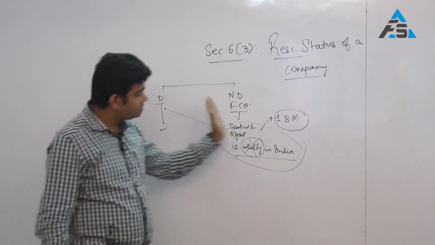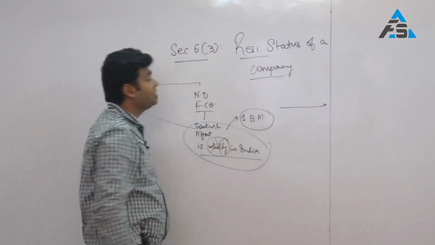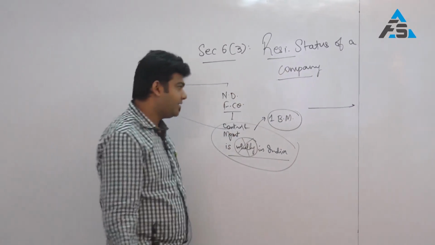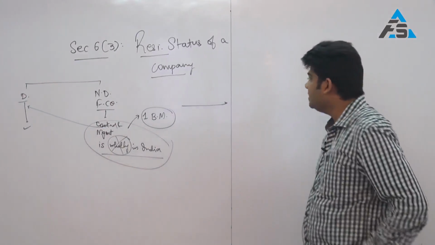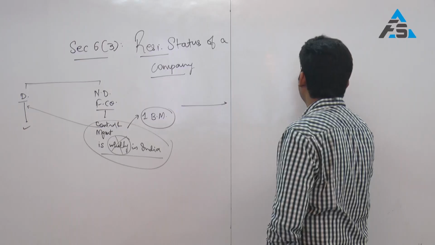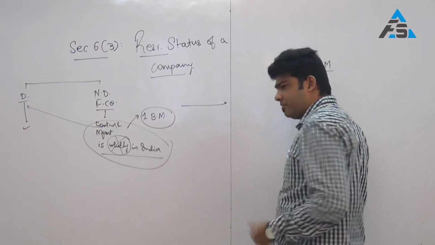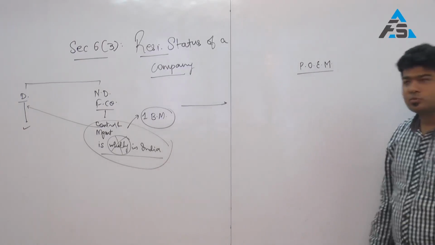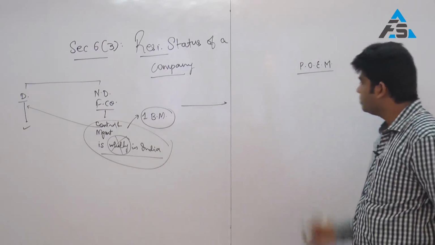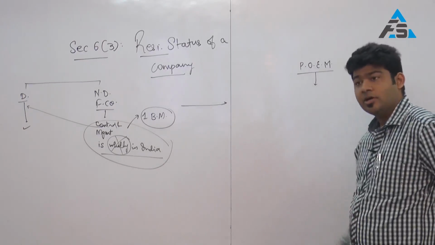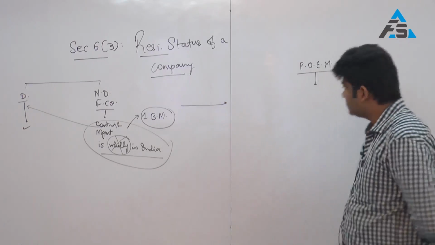So in order to remove this loophole, Finance Act 2015 amended section 6 subsection 3, and the whole determination of residential status of a company is now dependent on POEM, which is called the place of effective management. This is a step towards moving to an international regime, because a lot of OECD countries also accept POEM as a tiebreaker to determine whether the residential status of a company is resident or non-resident. What is POEM?